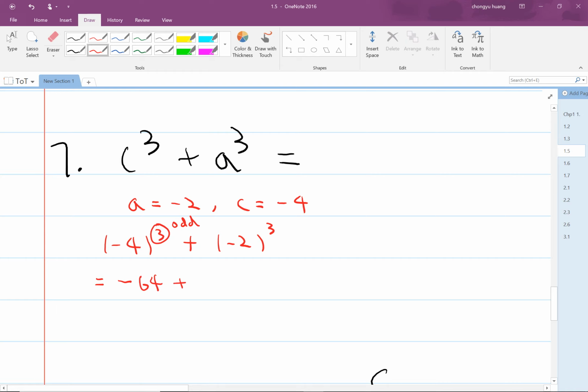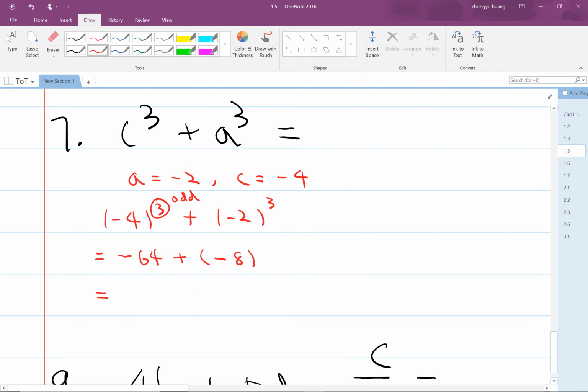And then you plus negative 2 to the power 3, which is going to be negative 8, right? And after that, what you see is a plus and a negative, so it's going to be negative 64 minus 8.